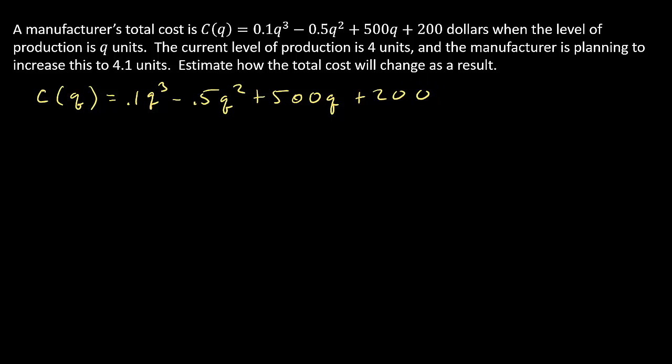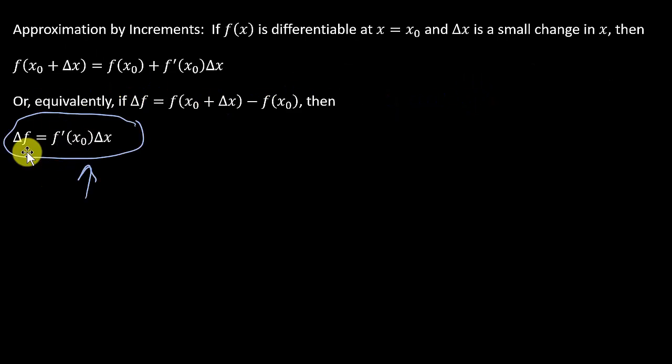So remember our formula here, delta, and in our case it's delta C, is equal to C prime of x naught times delta Q, okay? Because our function, we've got C instead of F, and our variable is Q instead of X.